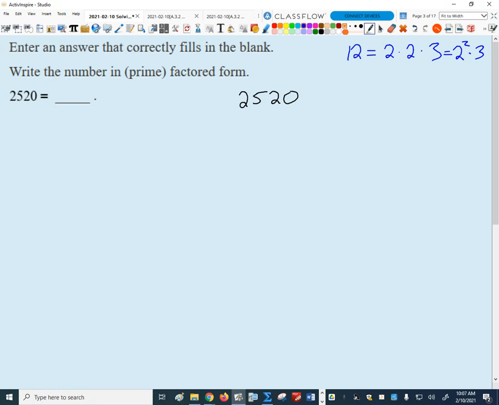So if we split this thing up, every time I factor out a number, I'm going to split the tree, right? So it's even, so I know 2 divides into it. 2 goes into 2520 how many times? 1260. Okay. Now the 2's done, right? It's prime. But the 1260 is not.